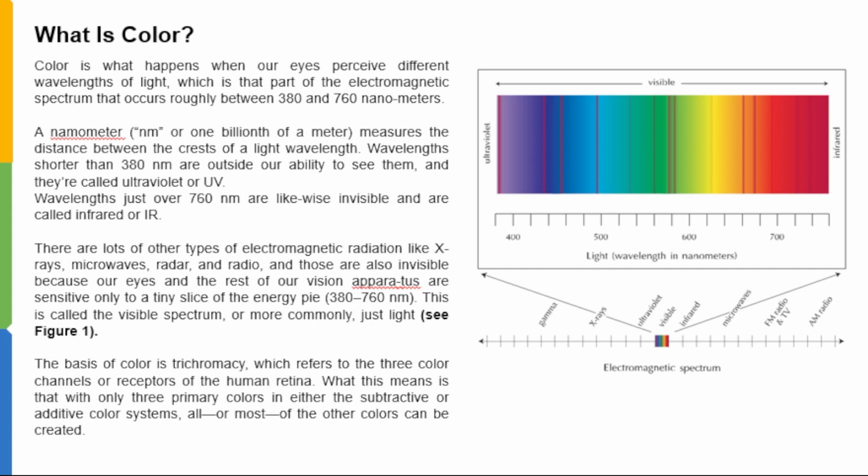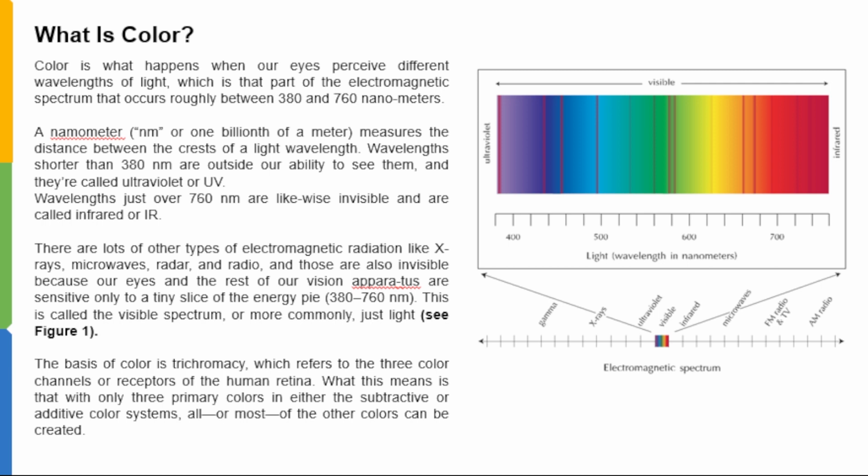What is color? Color is what happens when our eyes perceive different wavelengths of light, which is that part of the electromagnetic spectrum that occurs roughly between 380 and 760 nanometers. A nanometer, nm, or 1 billionth of a meter, measures the distance between the crests of a light wavelength.